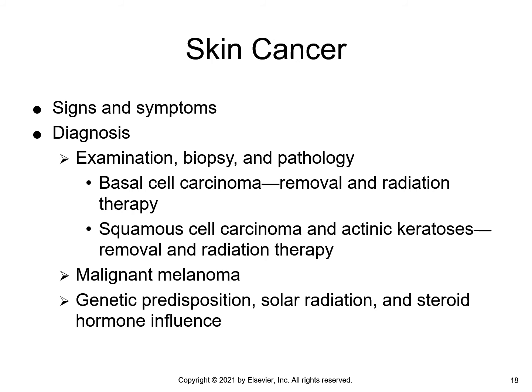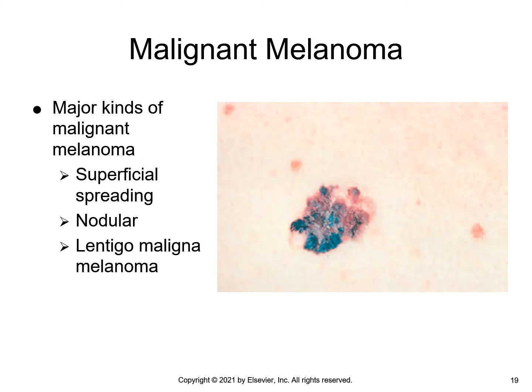It arises from the pigment-producing cells, and varies in course and prognosis according to its type. Malignant melanoma always requires surgical removal of the tumor and the excision of adjacent tissues and possibly nearby lymphatic structures.